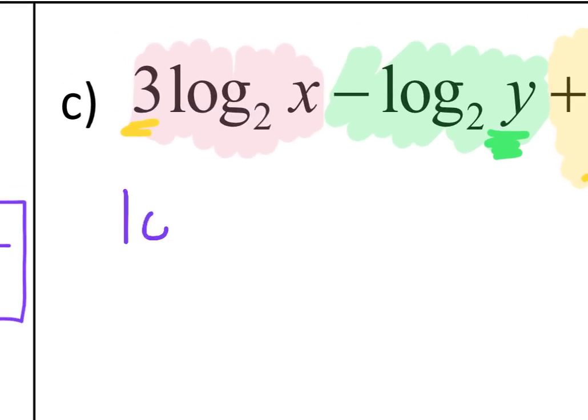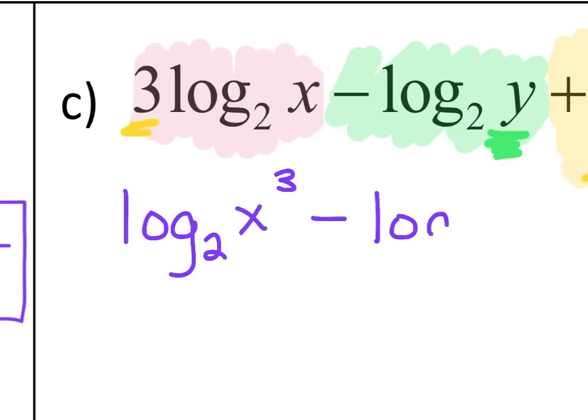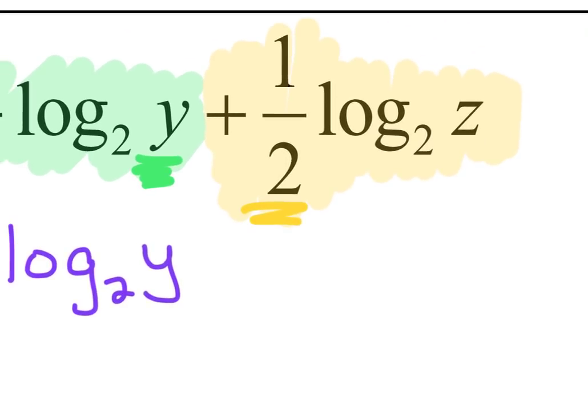So this first term will be log base 2 of x cubed, and then the next term I'm going to leave alone for a minute, log base 2 of y. And then this last term, z to the 1/2 would be the square root of z. We've talked about that a couple of times, so I'm just going to skip the step in between and write square root of z.